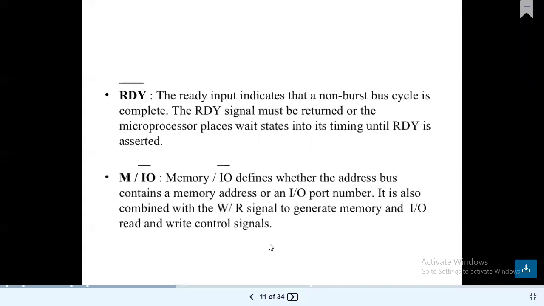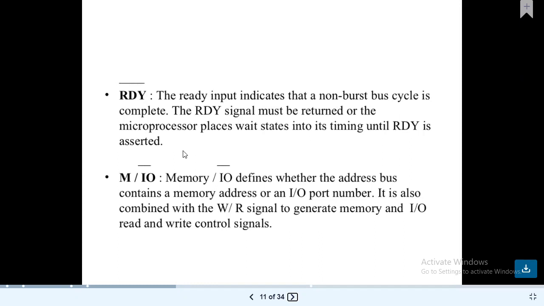The next is READY. All of you know that the ready signal is used once the data is ready. This input indicates the non-burst cycle is complete. The ready signal must be returned, or the microprocessor places wait states into its timing until ready is asserted.